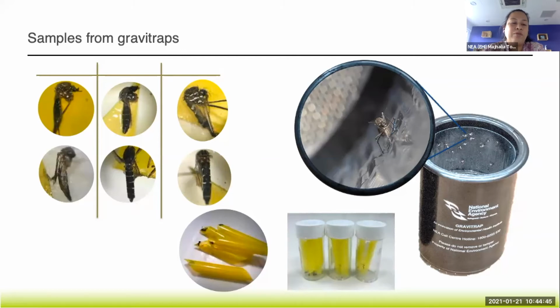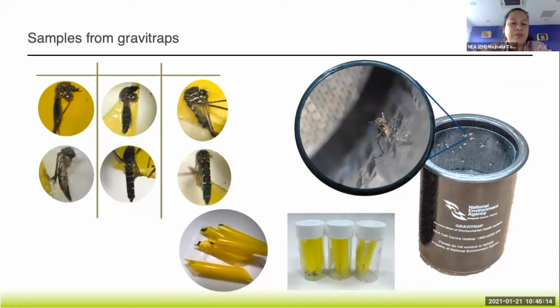Most don't have legs, don't have wings, but definitely we can still identify them. That is true. Because, as I've shown you earlier, there are taxonomic characteristics that are maintained in these samples, even if they are already quite damaged because of the sticky lining.